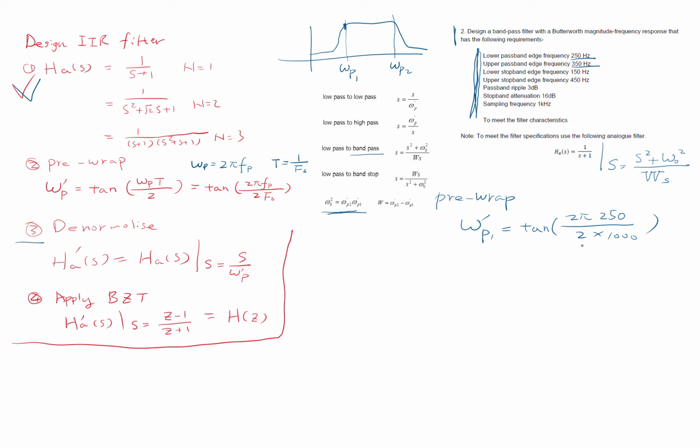That's for the first one. If you do the math, that equals 1. And omega P2 hat is tangent of 2 pi times 350 over 2 multiplied by 1000.